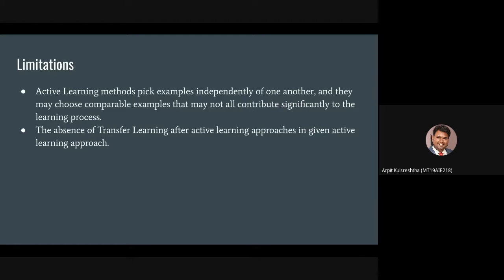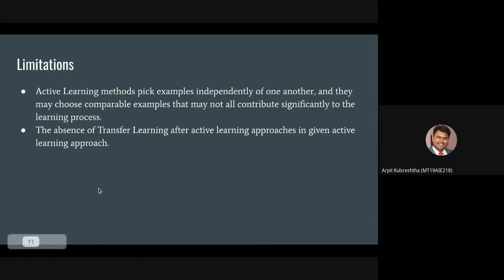This may lead to multiple examples being biased towards one side. So that needs to be reduced. The consecutive similar samples need to be reduced.